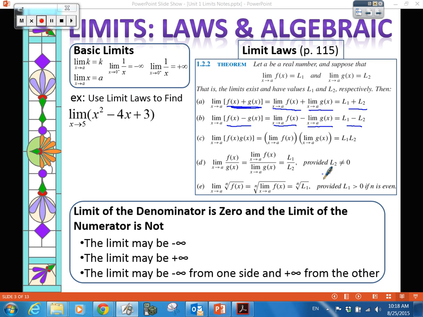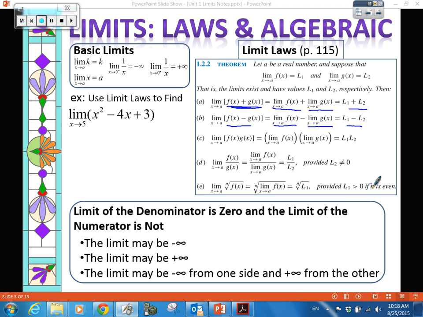Dividing, also. If we have some expression under a radical or to a power, we could actually take this and pull it on the outside of the limit. So we've got all kinds of flexibility with limit laws, which come in handy from time to time. So that, as you probably recall from last year, is a little bit of an overview on limit laws.